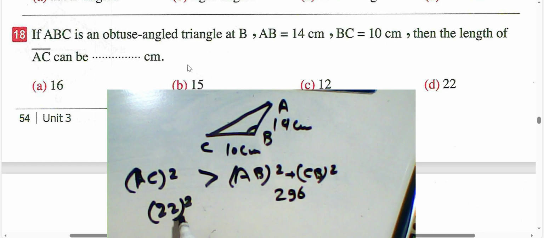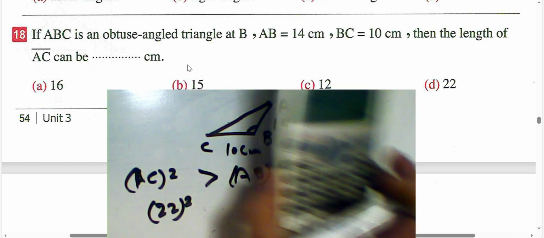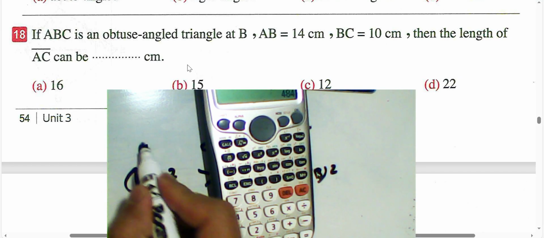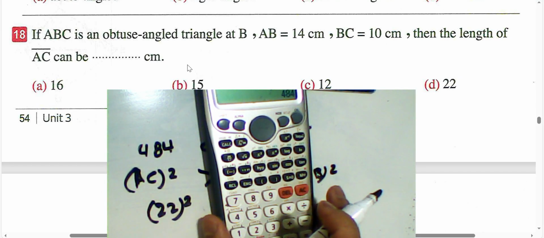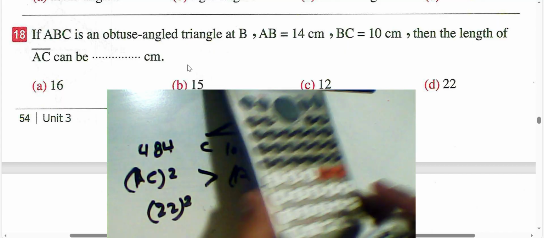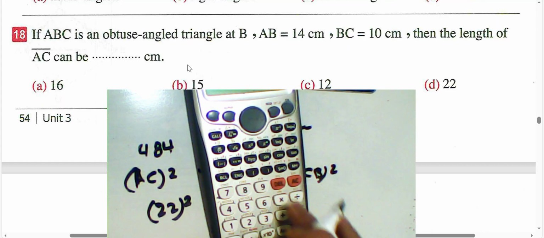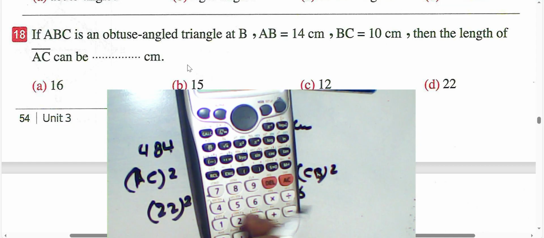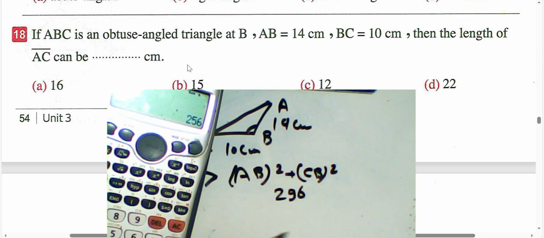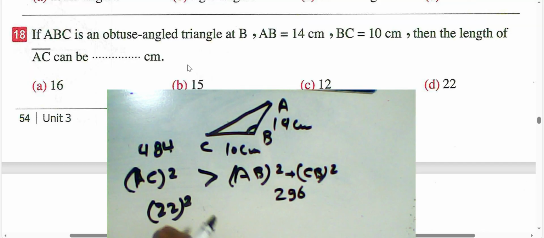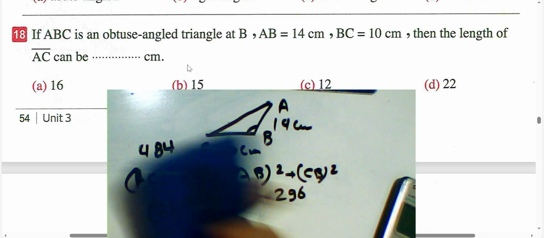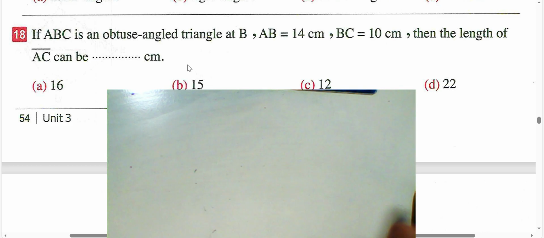And EC power 2, 22 power 2 equals 484, and 15 power 2 is 225, 16 power 2 is 256, less than this. Then we must choose 22 to get an obtuse angle triangle.